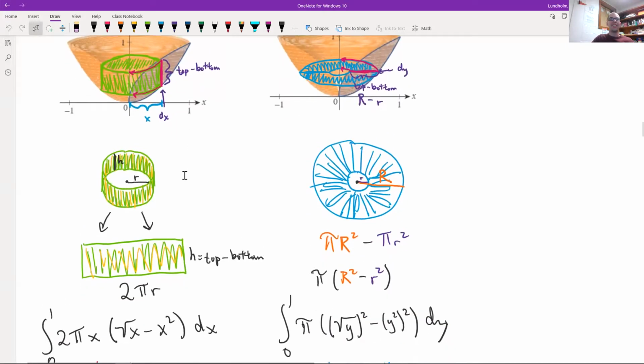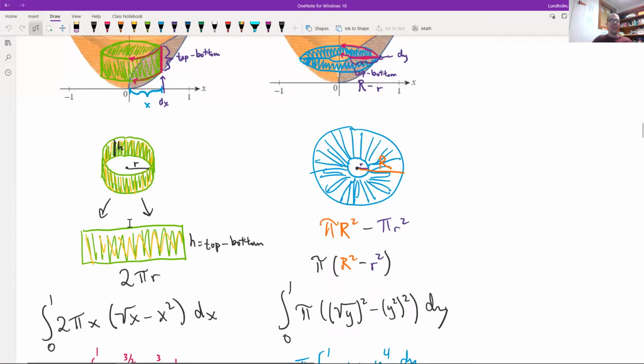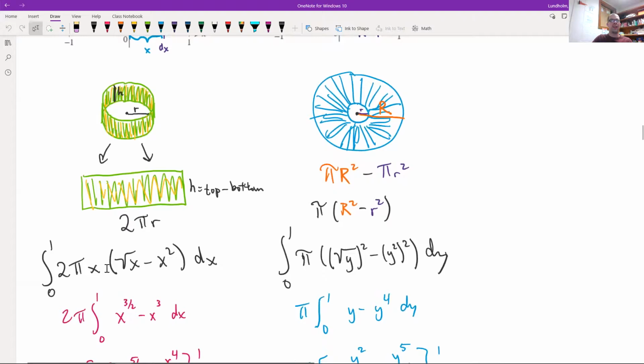So what that tells us is how to find the area of this. We look at it like it's a rectangle, and we multiply 2 times pi times the radius times the height.